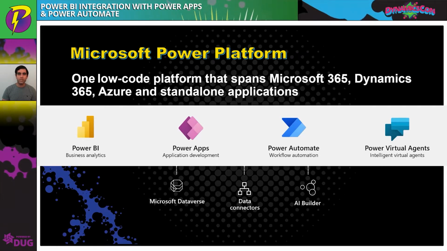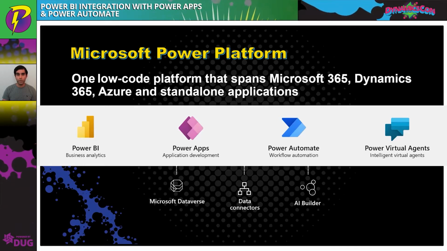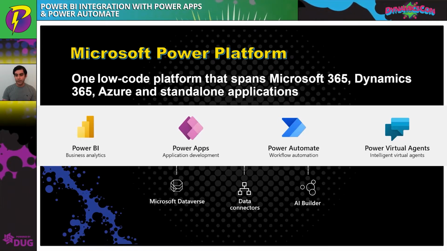Power Apps, which is the application development layer of this platform, allows us to build mobile and web-based apps in no time. Power Automate, which is the workflow automation engine of this platform, which comes from Azure Logic Apps. And finally, the latest member of the platform, which is Power Virtual Agents, which allows us to build intelligent chatbots in no time.